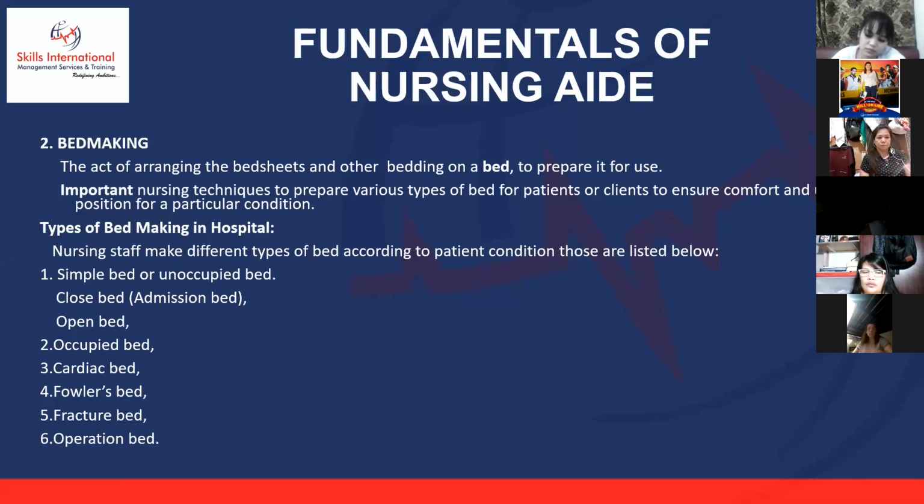The fracture beds are for patients who have a broken bone problem with orthopedic. Operation beds are those beds we are going to prepare when we receive patients coming from the operating room.